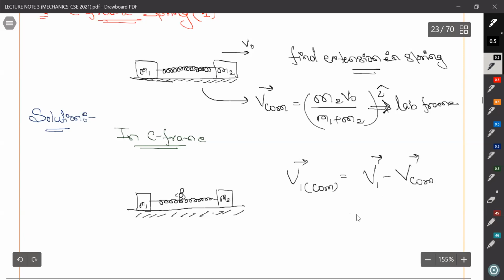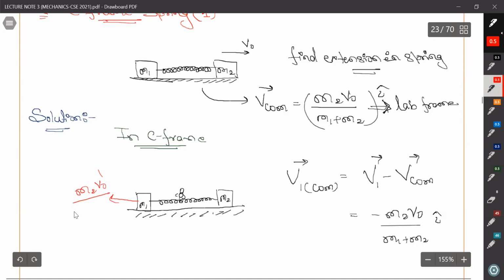In the center of mass frame, this becomes minus m2 v0 upon m1 plus m2, i cap. So it will move with this velocity, m2 v0 upon m1 plus m2, in the minus x direction.